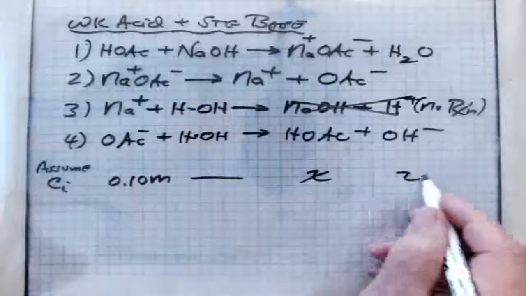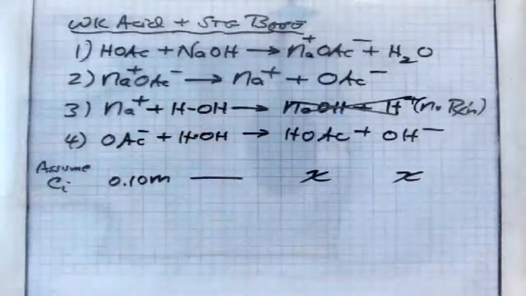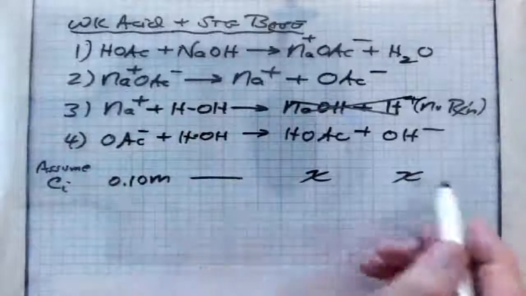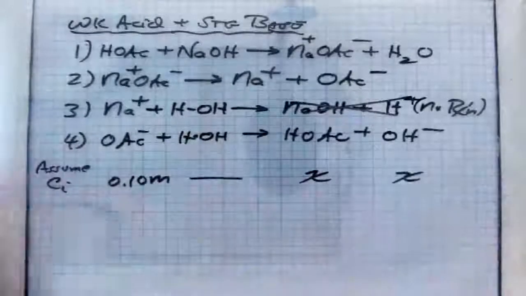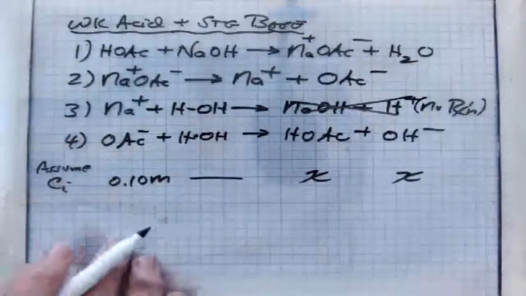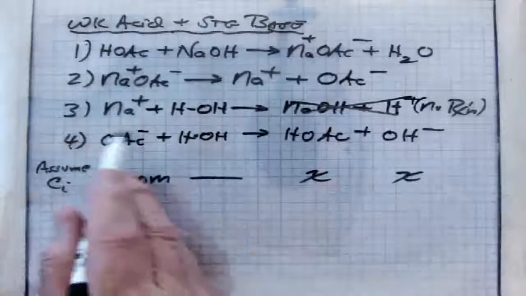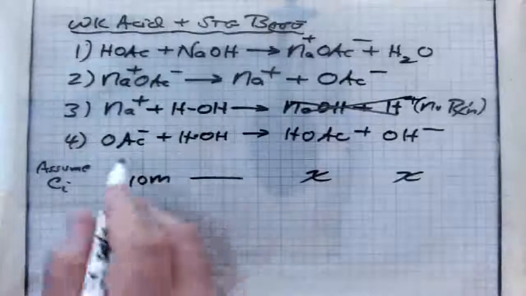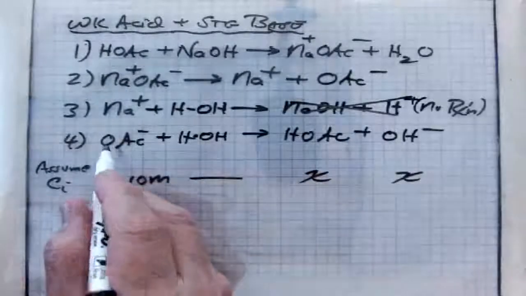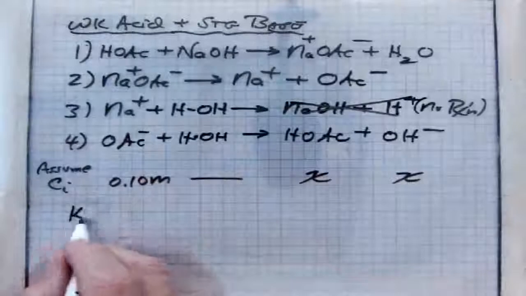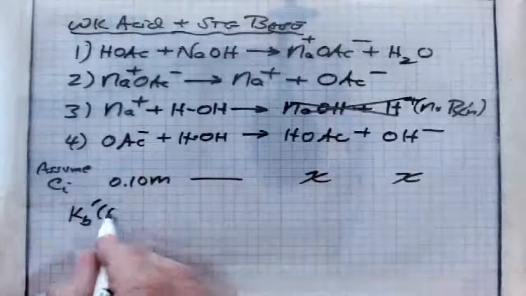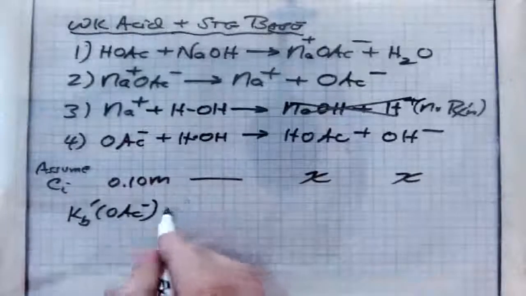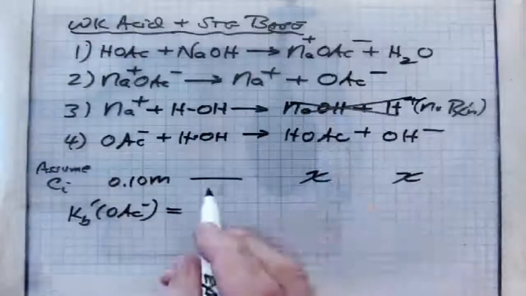And so substituting the equilibrium, we have X squared over the 0.10 molar, and this is the Kb value. Well, Kb is calculated from the expression Ka times Kb equals Kw. And so solving this for the Kb, it'd be Kw over Ka.